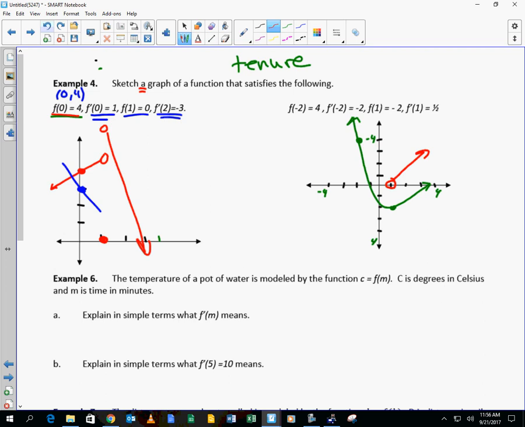In order for it to be differentiable, in order to have a derivative, it has to be the same slope on the right-hand side as it does on the left-hand side. So you can't have just an open circle and then go. It has to pass through. Now, if you would change that, I'll show you another option here. Suppose you did this. Suppose you had your point there and your point here.